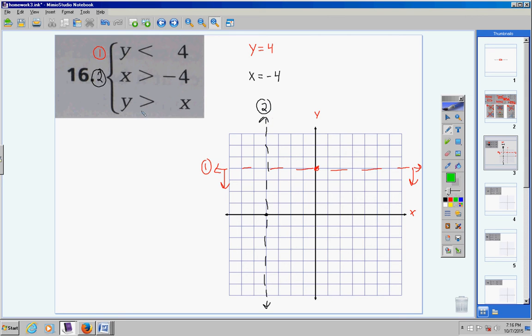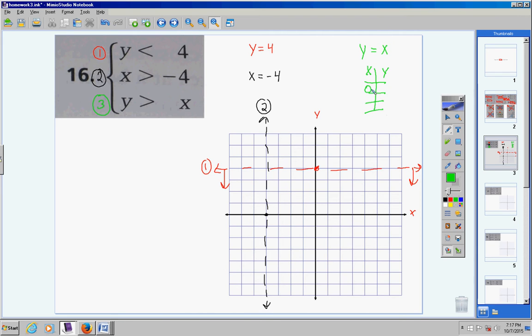Now, let's call this line number 3 right here. Y is greater than x. Now that has 2 variables, does it not? Come on, students, think, it has a y and an x. So it's not going to be a horizontal line, and it's not going to be a vertical line. It's going to be a slanted line. I'm going to rewrite this with an equal sign, and now I'm going to quickly use a table of values. That'll be so fast.